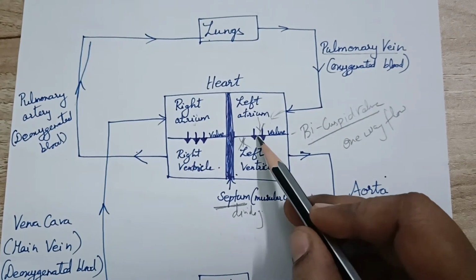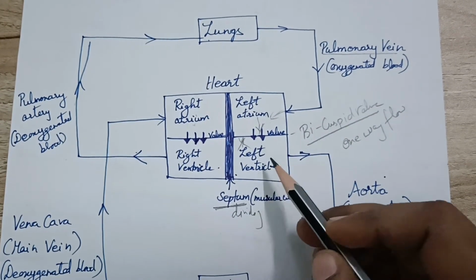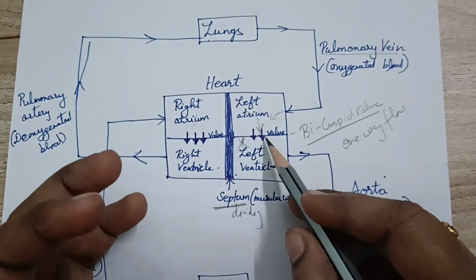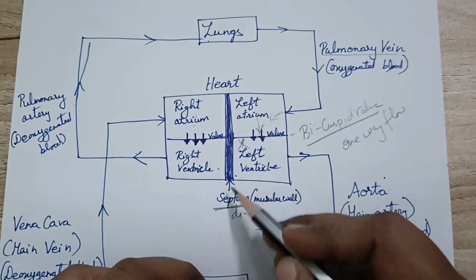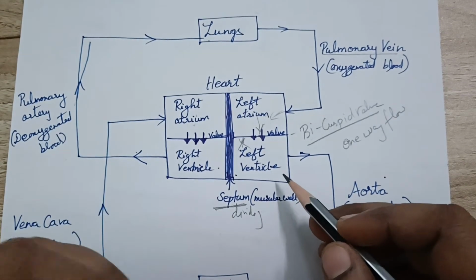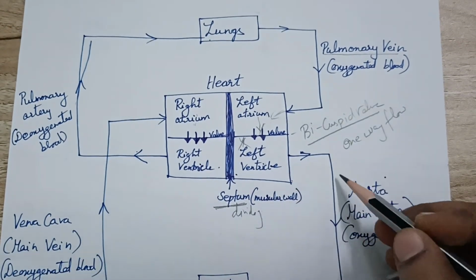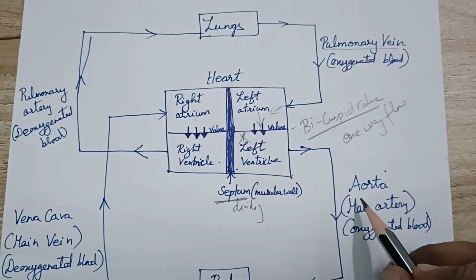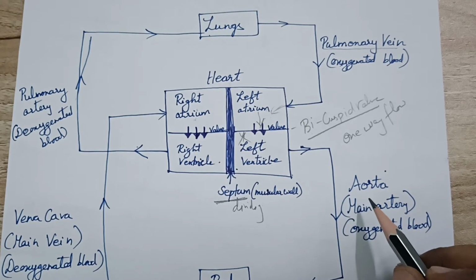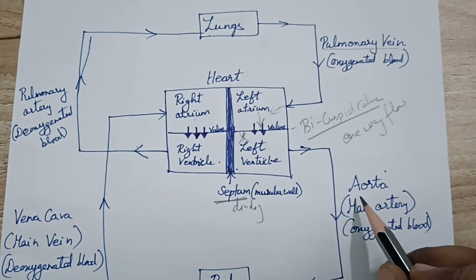It will allow the blood into the left ventricle. Once it relaxes, the blood enters the ventricle. Once it contracts, the blood flows into the aorta. You can pronounce it based on English or American, aorta, aorta.